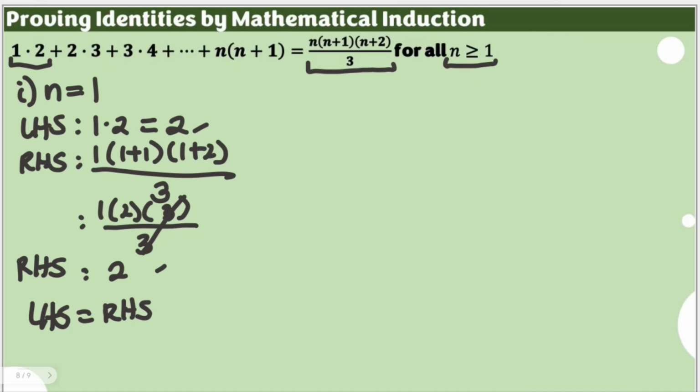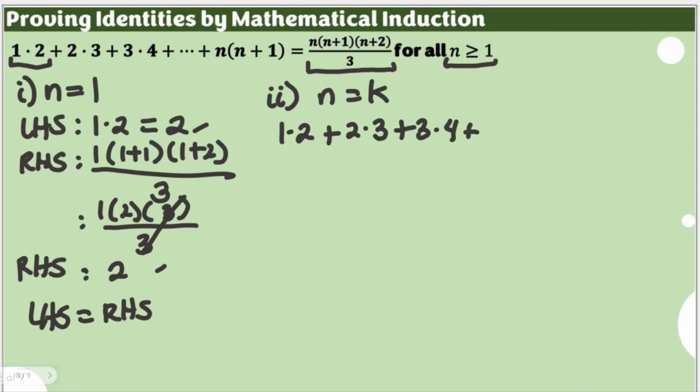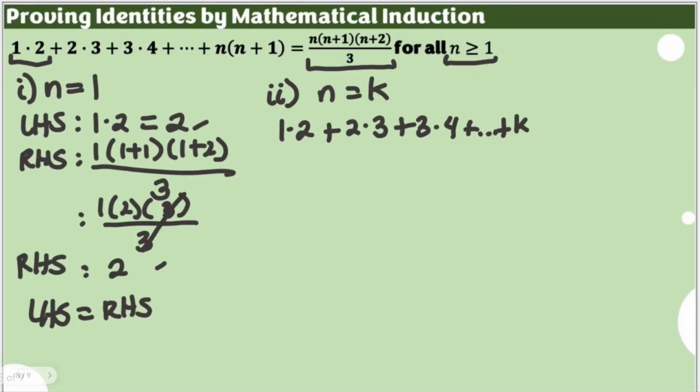Now let's proceed to our second step. Here, we are going to assume that n is equal to k, which will be very important as we proceed deeper on this step. That would mean, instead of n, we'll be using k. So our identity, 1 times 2 plus 2 times 3 plus 3 times 4 plus ... plus, instead of n, you will have k times k plus 1 is equal to the identity using k.